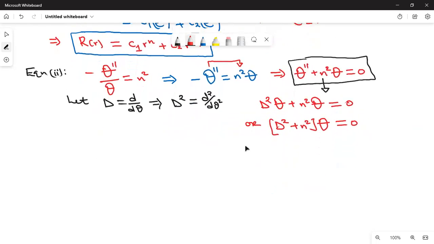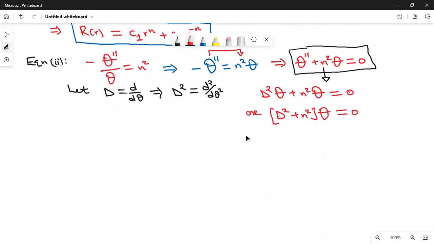Again, we can find the auxiliary equation or the characteristic equation or the subsidiary equation. So let's write auxiliary equation. That is d squared plus n squared is equal to 0. Usually for the auxiliary equation, you equate that d operator, the whole of that operator, to 0.